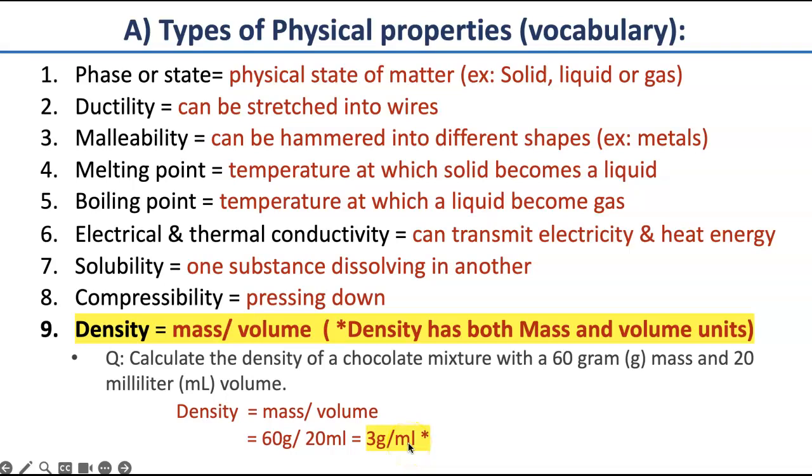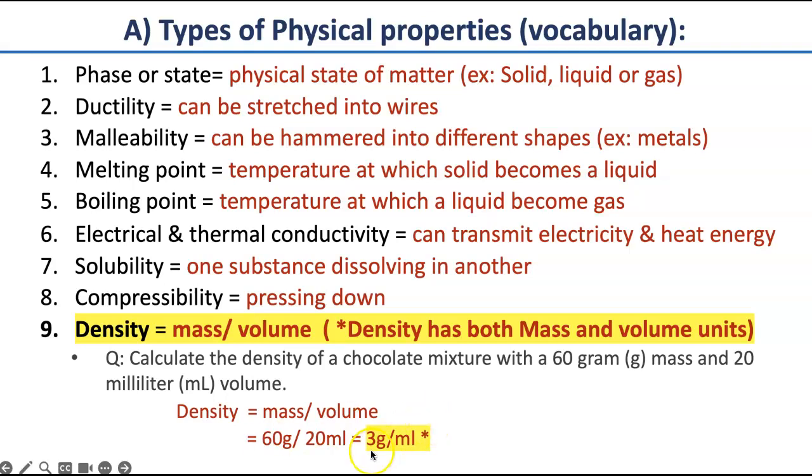So if you notice, that means the mass is always 3 times that of the volume, right? So if I have 3 times of this mass, then the volume will also go up 3 times. If I have 3 times less, the volume will also go 3 times less. So whichever amount of mass you have, the volume will also decline or increase with that.